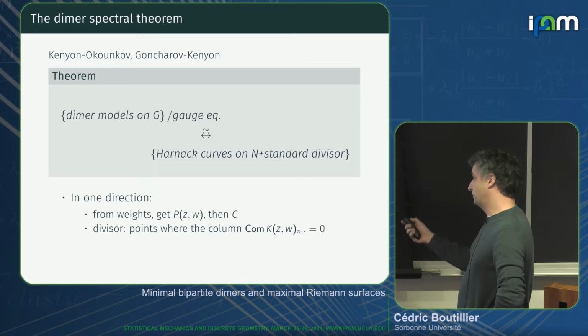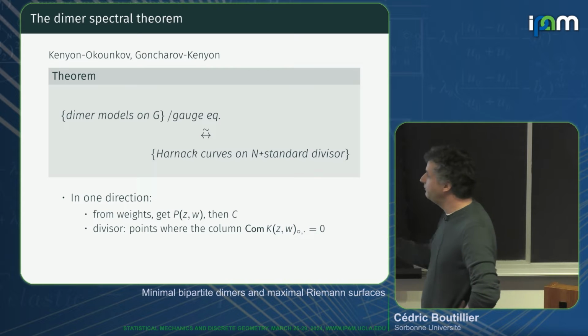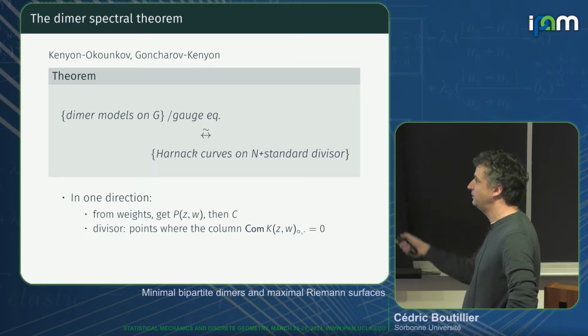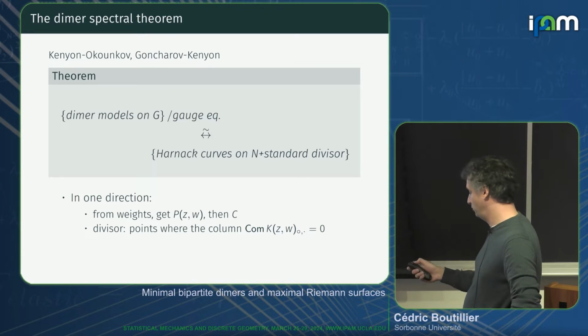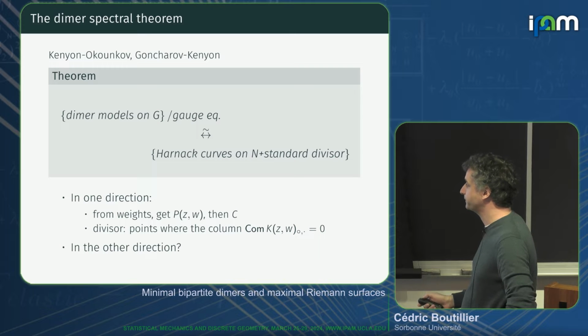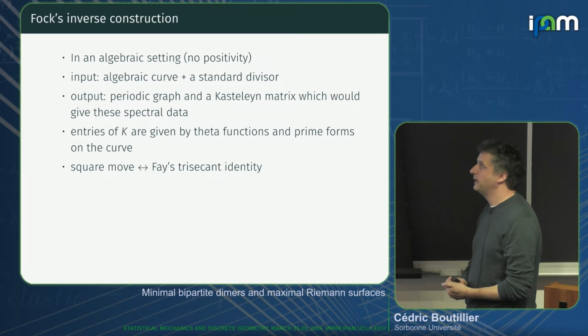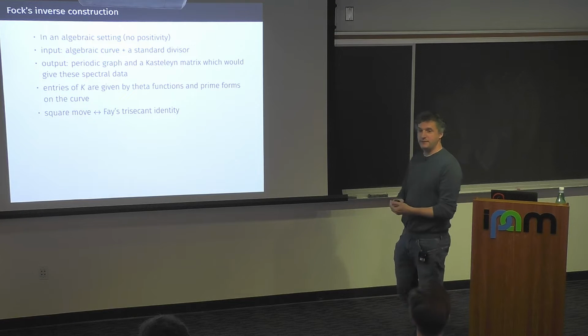But for some time, there was no direct construction for the reverse map. So how to construct from a Harnack curve with a standard divisor, the dimer models with the correct weights that would correspond to this spectral data. So this was done by Fock 10 years later in an algebraic setting.